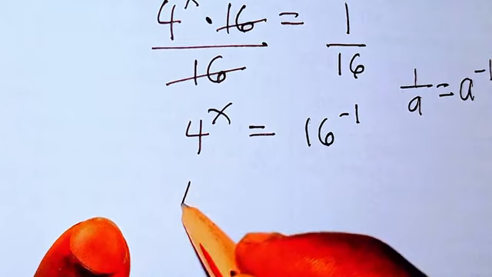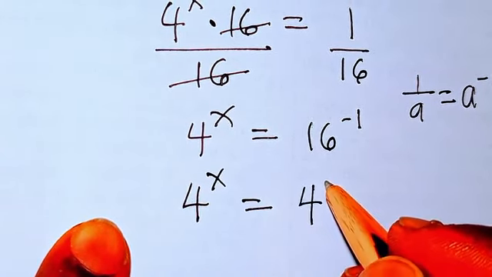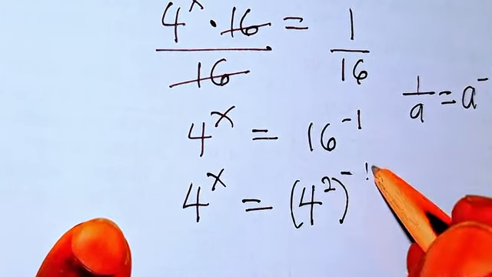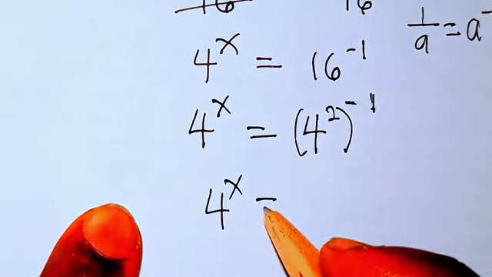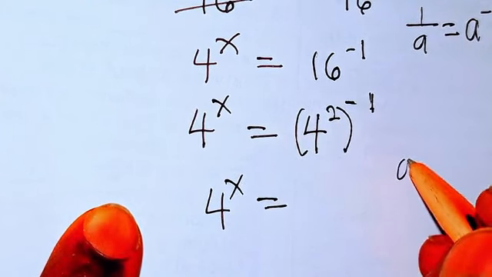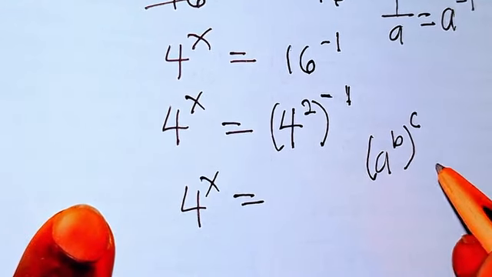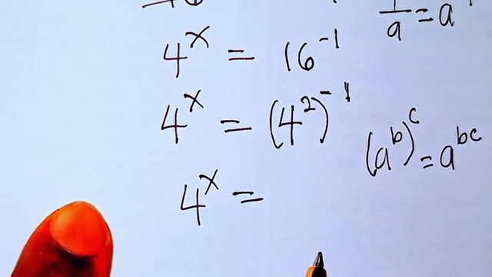So here I have 4 to the power x equals, 16 can be written as 4 to the power of 2, then we have minus 1, right? So we have 4 to the power of x equals, this power we multiply: if you have a to the power of b to the power of c, this gives us a to the power of b times c.